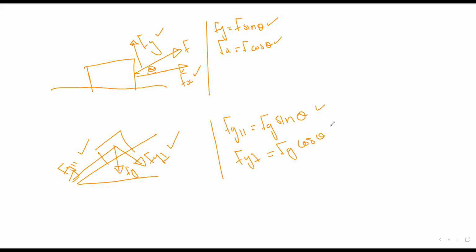These things are always like this. They don't change. Immediately we have an object on an incline, we have gravitational force that has a parallel component and a perpendicular component.